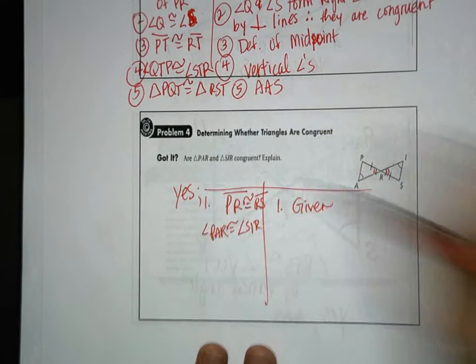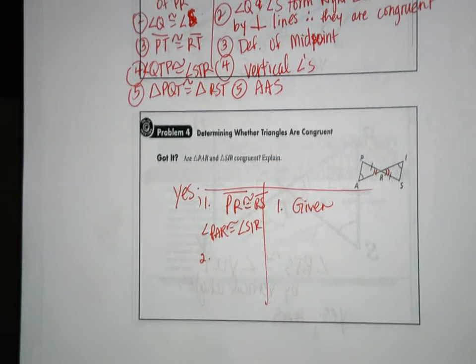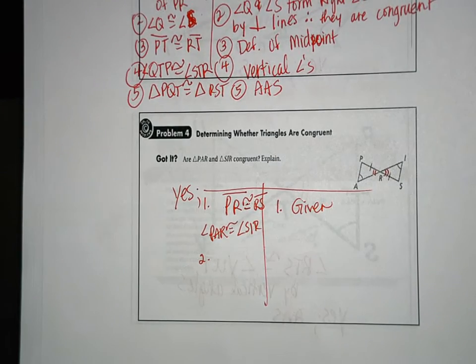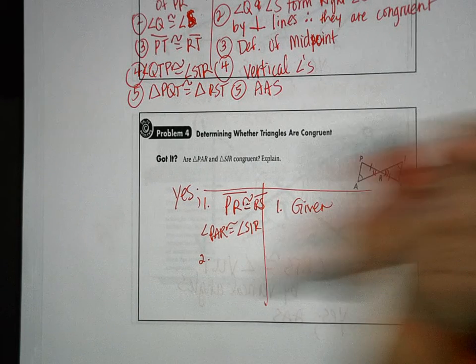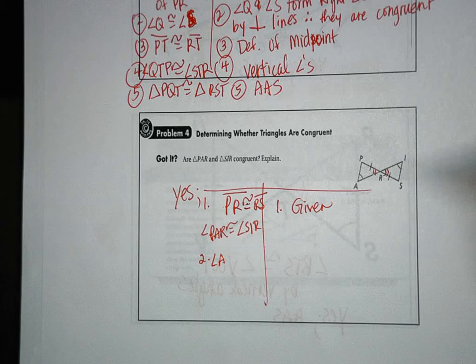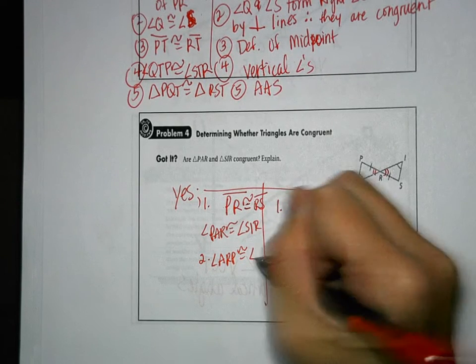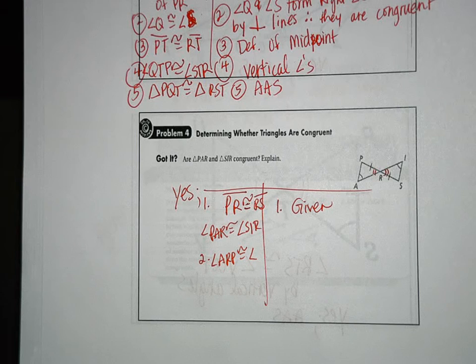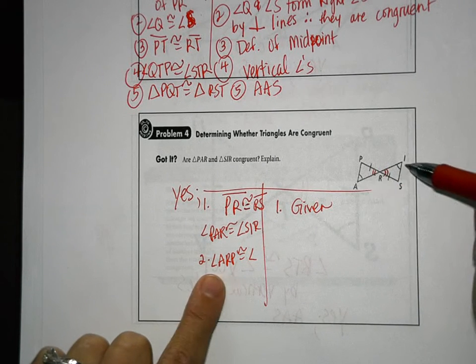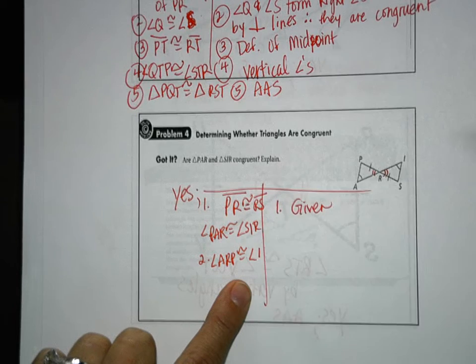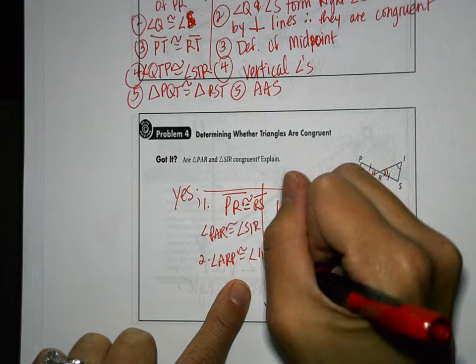Okay, 2. What other information did we just talk about? So I'm going to put angle ARP is congruent to which angle? Since I started with A, I need to start with I, angle IRS. And again, how did I know that?